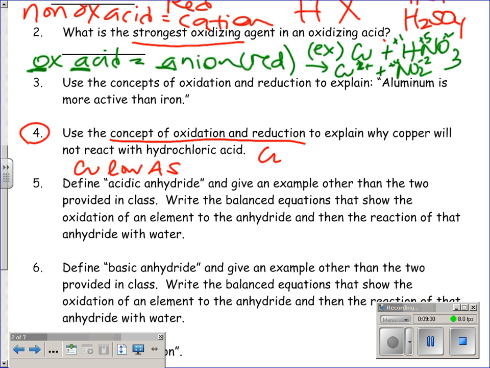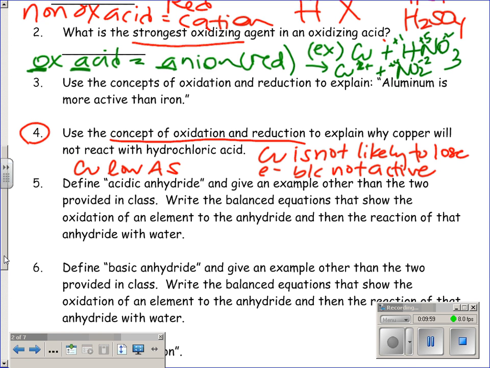So copper is not likely to lose electrons because it's not active. So it's not going to be a very good reducing agent. So what you're comparing here is the fact that who wants to be reduced?